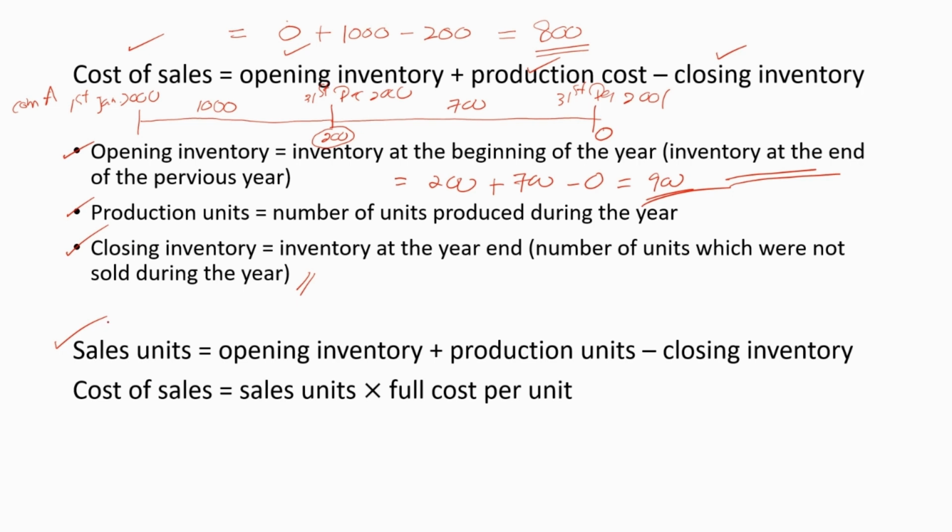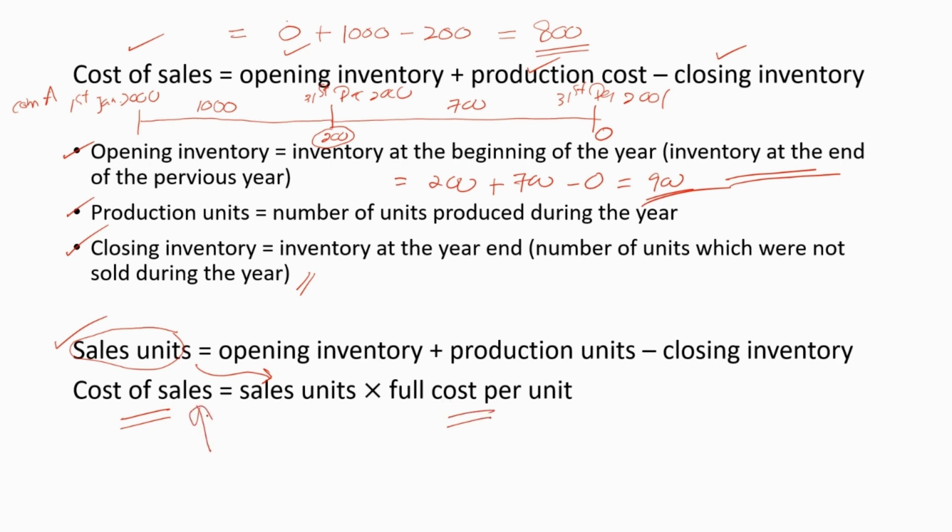Sales units is equal to the opening inventory plus the production units during the year minus the closing inventory at the year end. So using this sales units figure, we can calculate the cost of sales, which is equal to sales units multiplied by the full cost per unit.